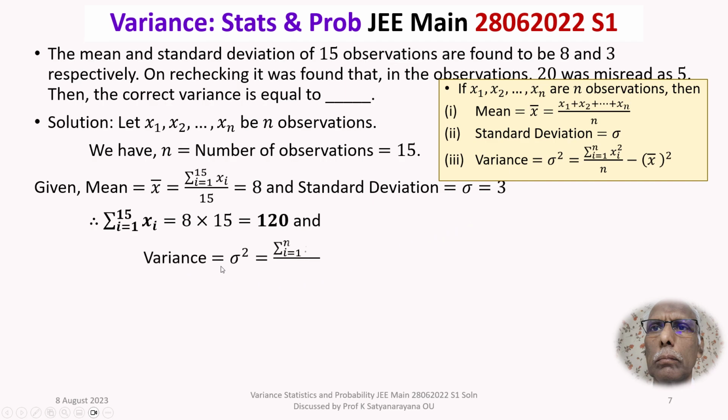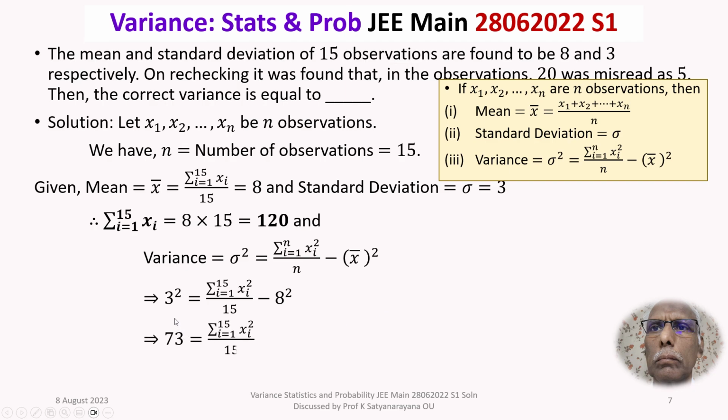The variance of the observations, sigma square, is equal to the sum of xi square by n minus x bar square, that is 3 square is equal to the sum over i equal to 1 to 15 of xi square by 15 minus 8 square.